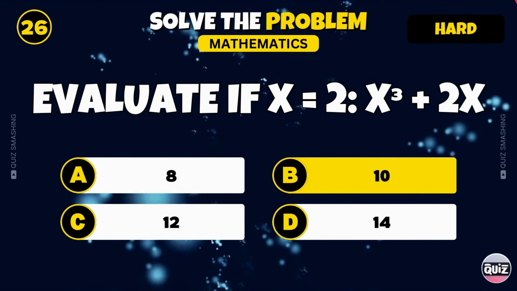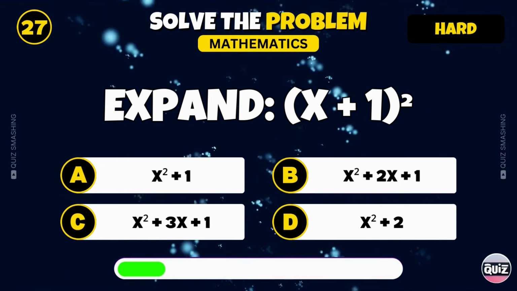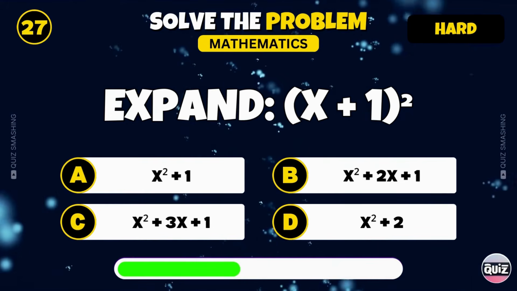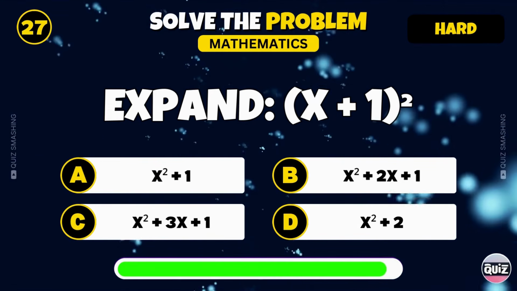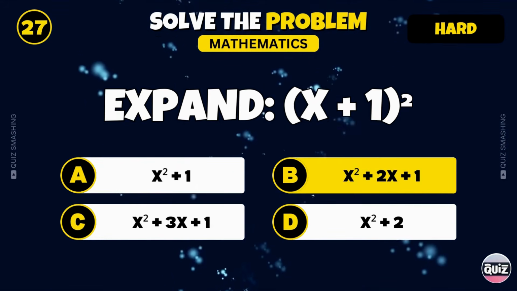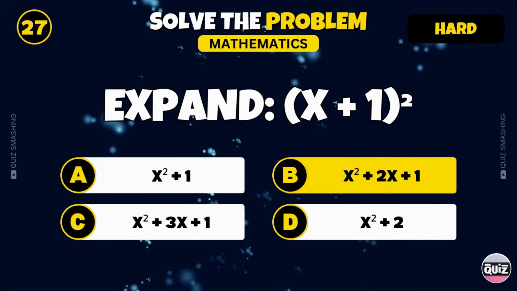Correct. The answer is 10. Expand (x plus 1) squared. Nice job. It becomes x squared plus 2x plus 1.